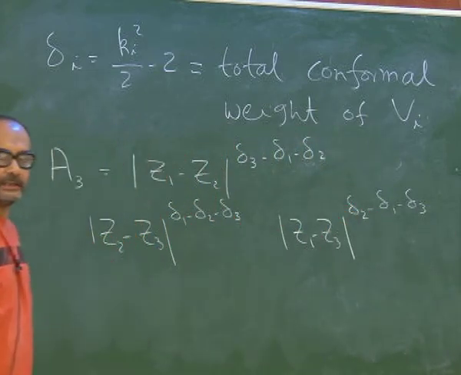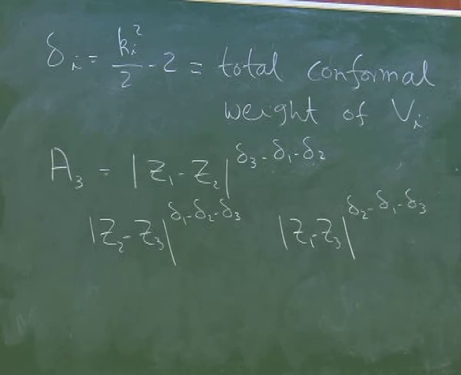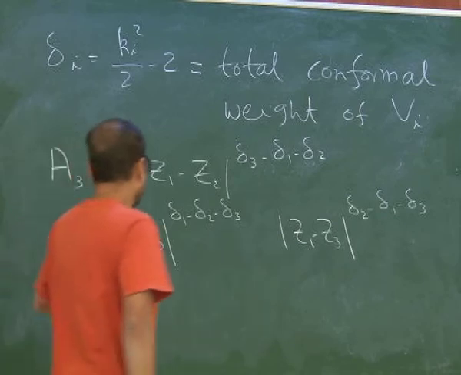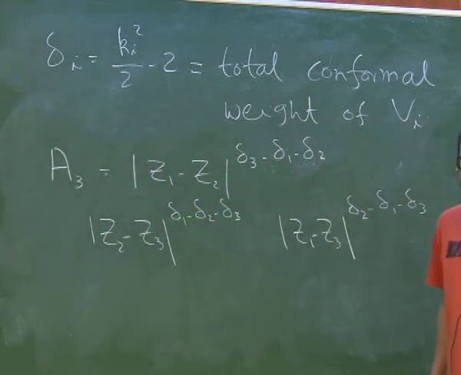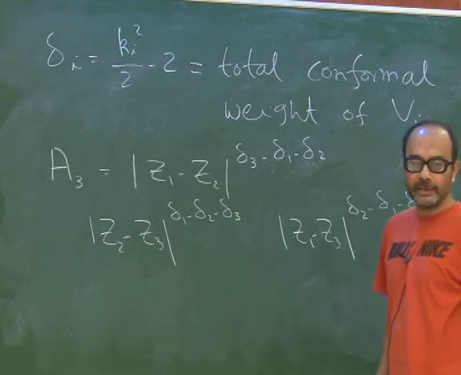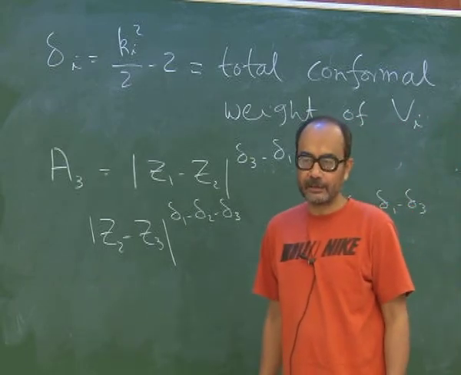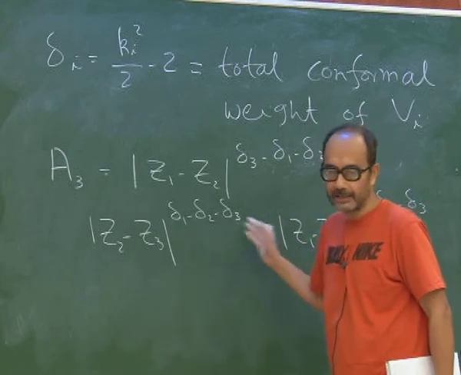Okay, so this is the off-shell 3 tachyon amplitude in the theory. Now you see that there is a problem, because when you do a 3 tachyon amplitude, the final result should only depend on the external momenta. There should be no dependence on these z's. What are these z's after all?